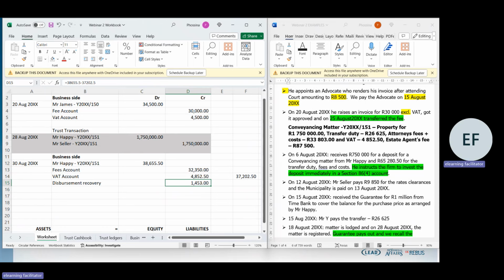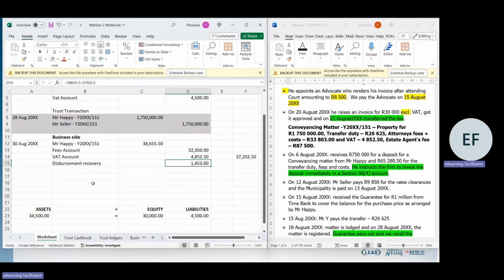So this is for covering the expenses. When we are accounting, this is more of an account that will throw in all the other disbursements that would have been incurred, or if you can split, then you throw in the disbursements for Mr. Happy, then you knock it off there.